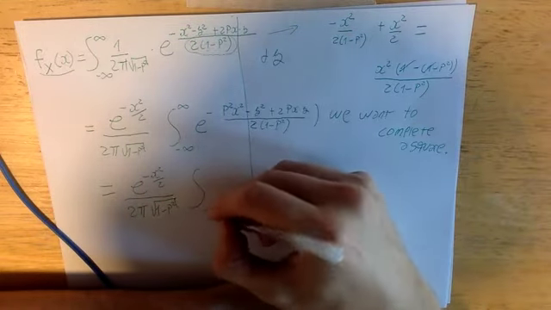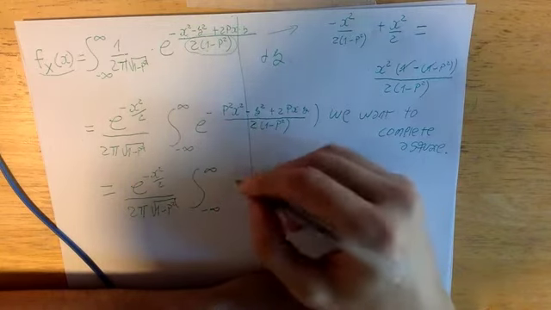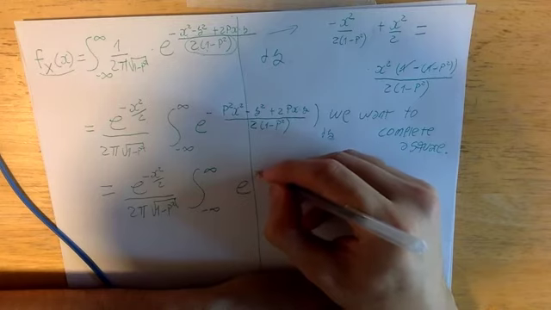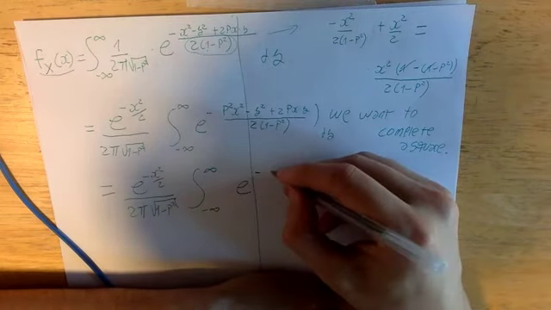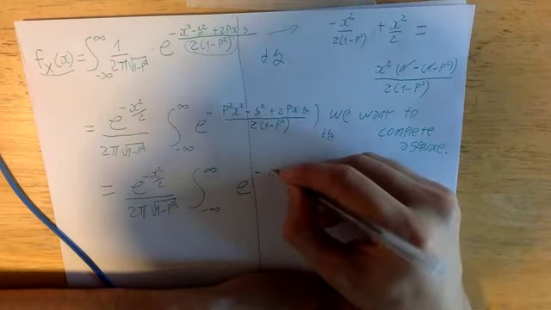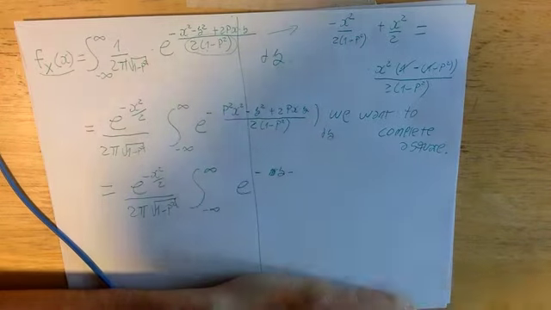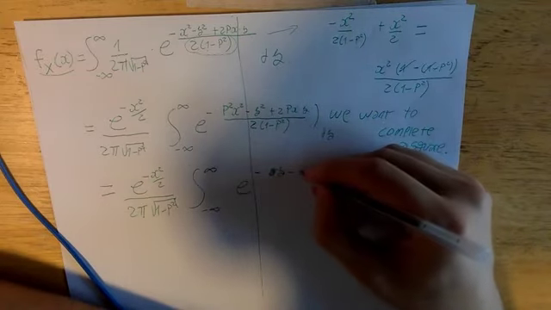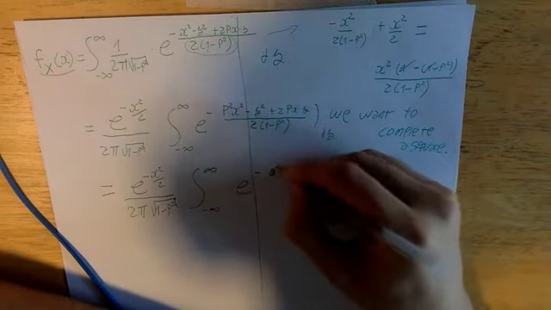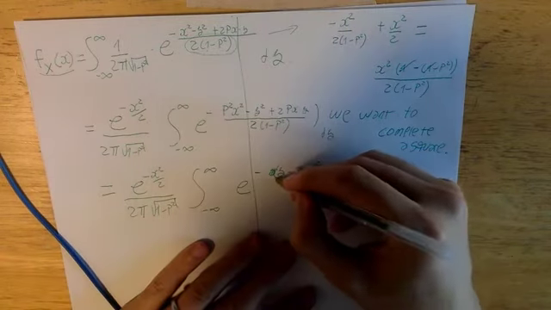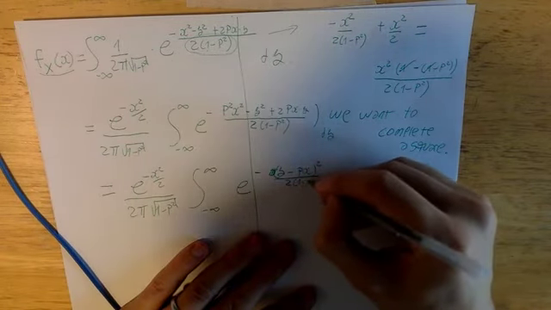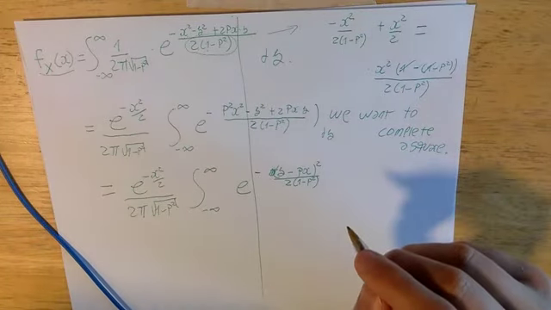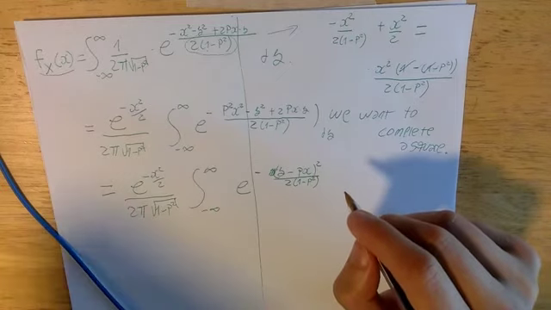And here, if I complete the square, I just get the integral from minus infinity to infinity, so this is a dy integral, e to the minus (y minus p times x) squared over 2 times (1 minus p squared) dy.